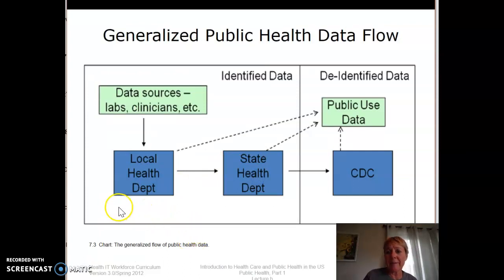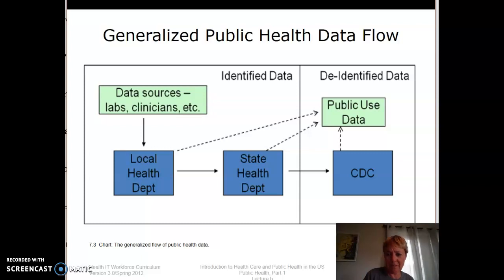Here's the flow of data. You get your sources from labs and clinicians. They go to your local health department, who goes to the state health department, to the CDC. Some conditions are so severe they go right to public health. Notice here that it says everything is de-identified. So let's say you went in and you were treated for measles, which is reportable.